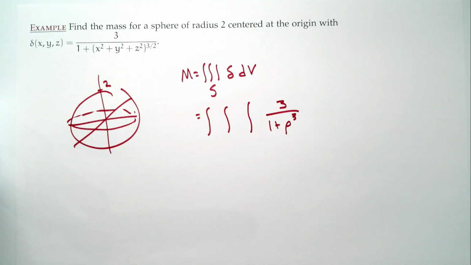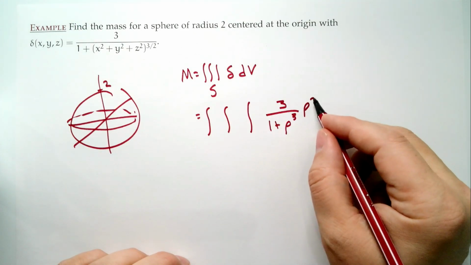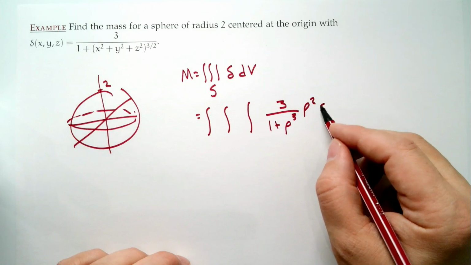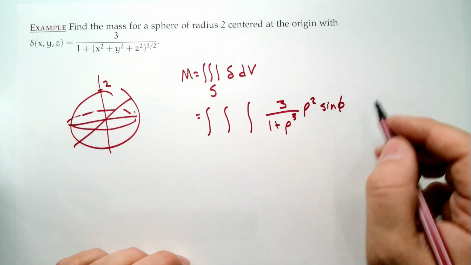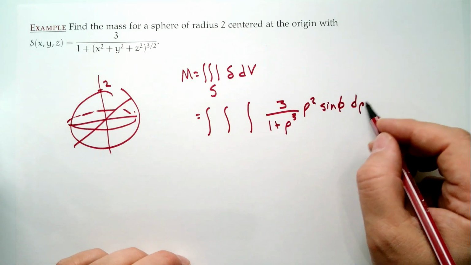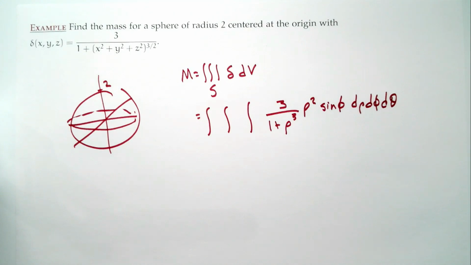Because that 1/2 power, x squared plus y squared plus z squared to the 1/2 is rho. Okay, well that's nice. What will dV be? Rho squared sine of phi. See, remember, row row sine of phi. D rho, d phi, d theta. Okay, all right. Maybe we need to practice that some more.